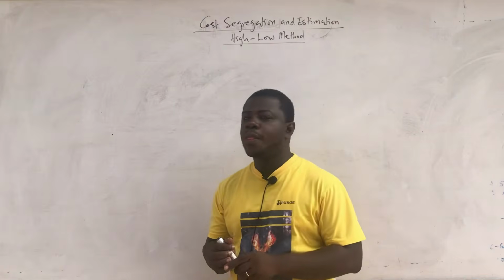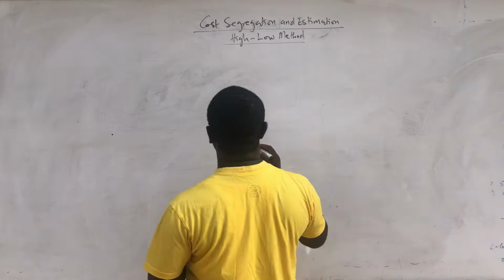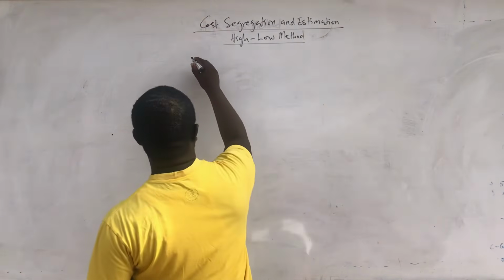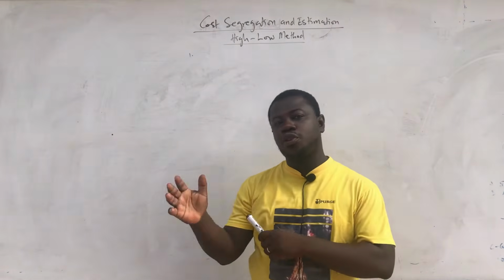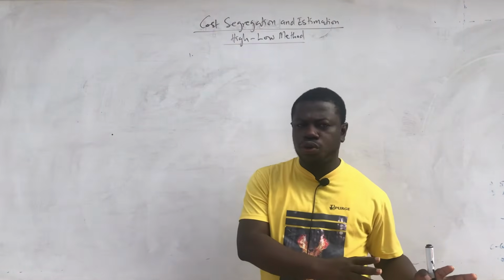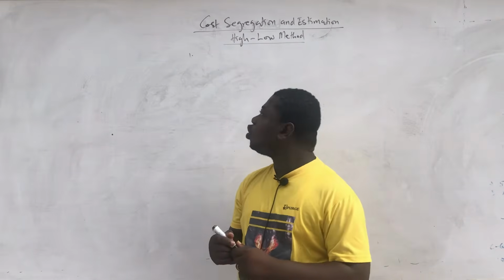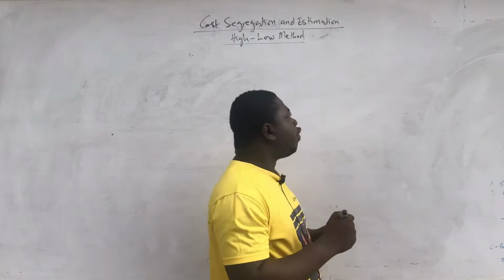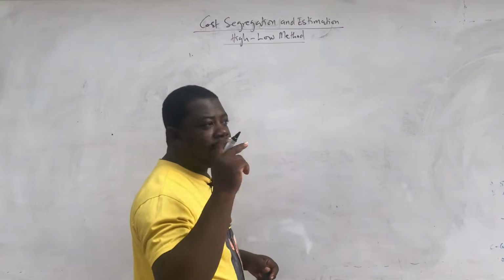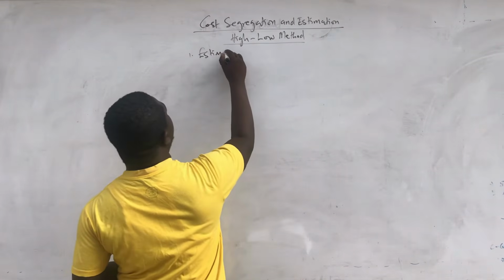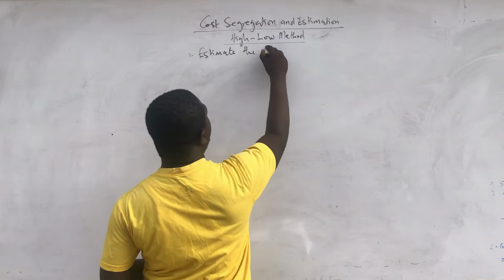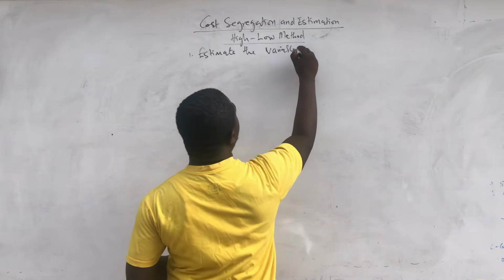All right, so given total cost, in order to use the high-low method to separate your fixed cost component from your variable cost component in the total cost, you need to follow these steps. First of all, you need to estimate the variable cost per unit for the production.